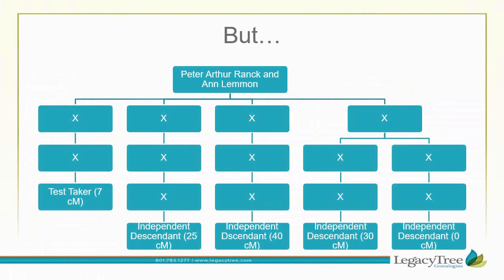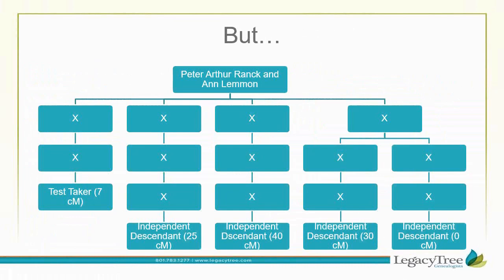It still doesn't change the fact that in this case, let's say there's a match who's sharing only 7 centimorgans with our test taker, and they're sharing 25, 40, and 30 with 3 of our independent descendants and 0 with the last. At this point, we don't really care if that 7 centimorgans is valid or not.